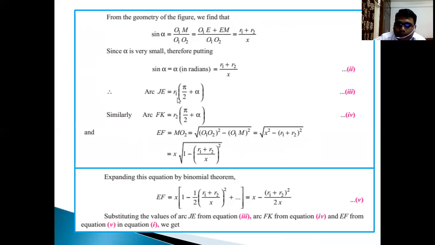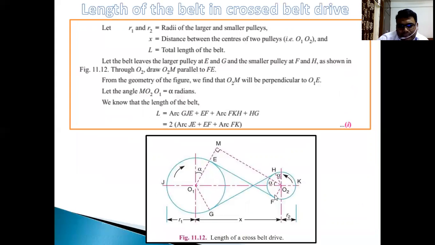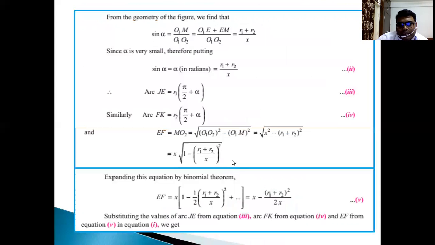Arc JE is equal to R1 (pi by 2 plus alpha), then arc FK is equal to R2 (pi by 2 plus alpha), and then we can calculate EF. Similarly, what we did in this triangle, you can see this big triangle. So it becomes O1O2 squared minus O1M squared, here x, and again we use the binomial theorem here.